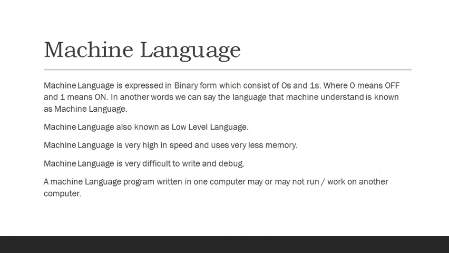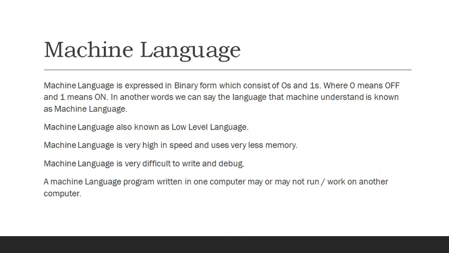In other words, we can say the language that machine understands is known as machine language. Machine language is also known as low level language. Machine language is very high in speed and uses very less memory.